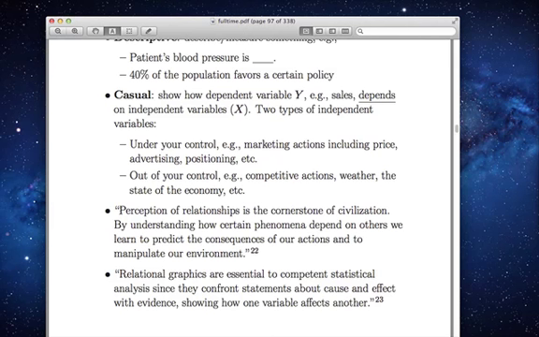By understanding how certain phenomena depend on others, we learn to predict the consequences of our actions and to manipulate our environment. And so it's not just marketing where this is true. This is true about everything. And this is what has led the human race to advance, is by understanding relationships, by being able to predict the consequences of our actions. So it's equally true in marketing.